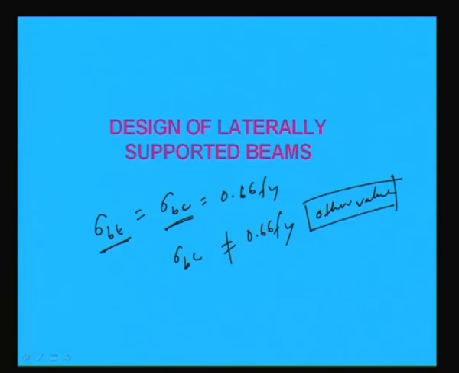But today we will be focusing on the laterally supported beams, and then if we have time we will discuss web buckling, because as we know we are going to use beam sections such as I section, channel section, T section.